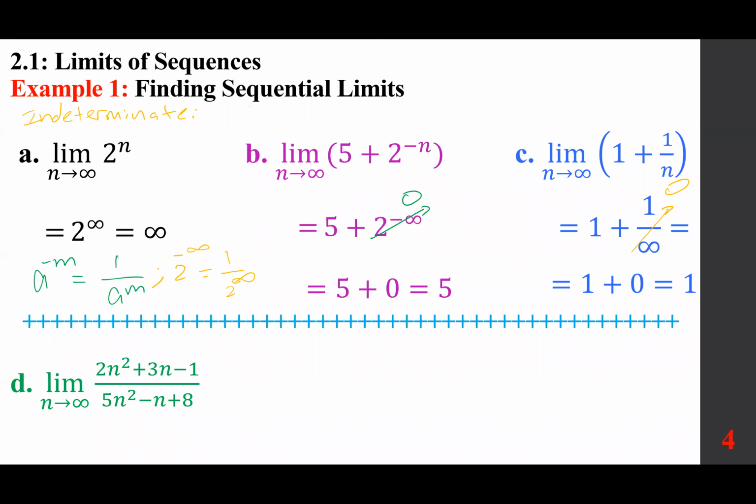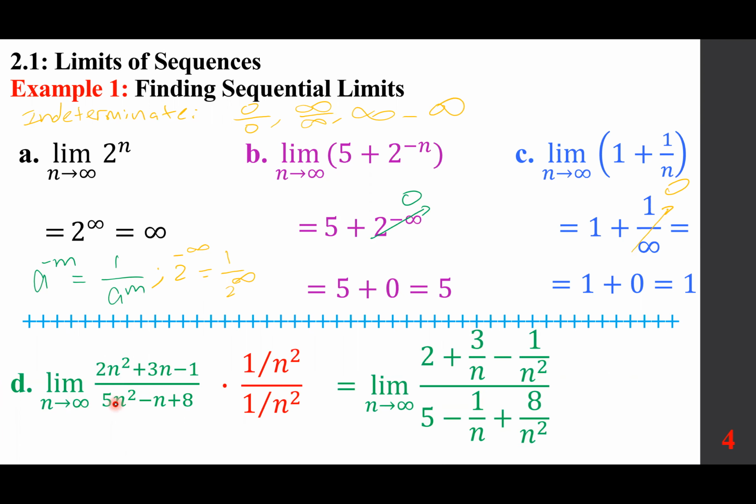When you work things out and it gives you 0 over 0, infinity over infinity, infinity minus infinity, things of that nature, it means indeterminate. That means we need to use our algebraic technique to fix the problem. And I hope you remember, the algebraic technique for a rational expression is to divide by the highest degree term in the denominator. In this case it is n squared. I hope everybody remembers that.